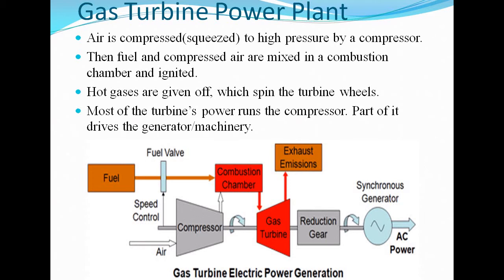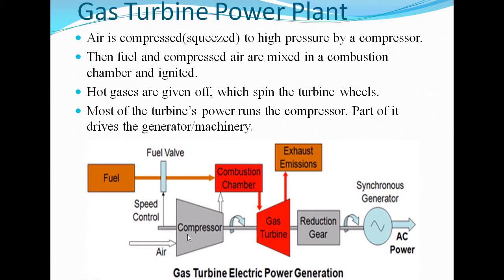So you can see here there is a fuel supply to this combustion chamber. There is a fuel valve before the combustion chamber which will supply the fuel to it.